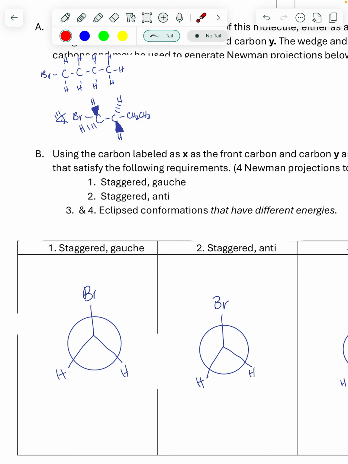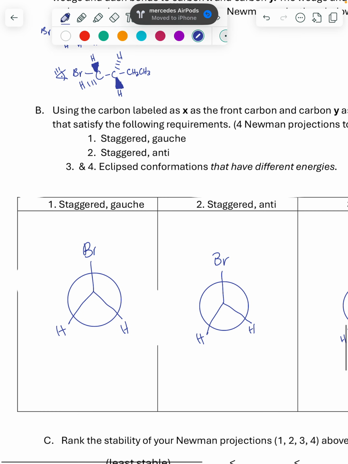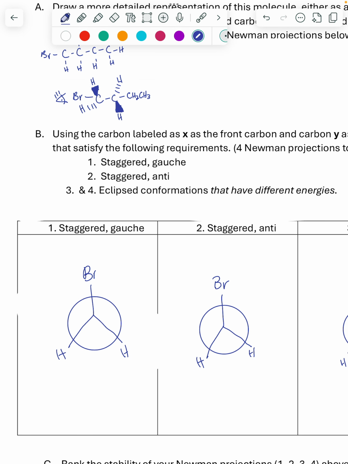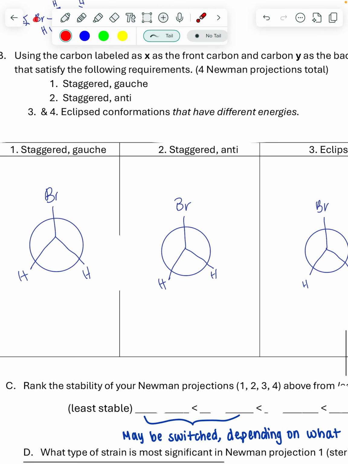Anti means that the biggest groups have to be directly anti from each other. The biggest group on this carbon is the bromine, and on this carbon is the ethyl group. So for anti, these two have to be directly across from each other. Bromine right here means ethyl has to be directly across right here, and from there these hydrogens are going to be staggered over here.